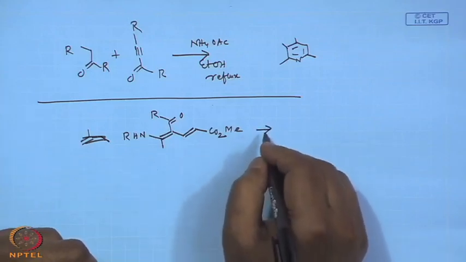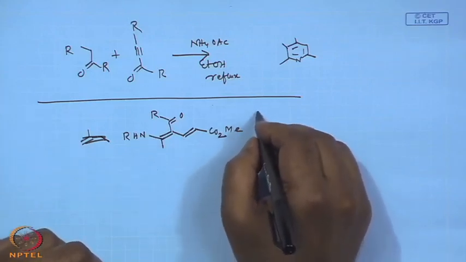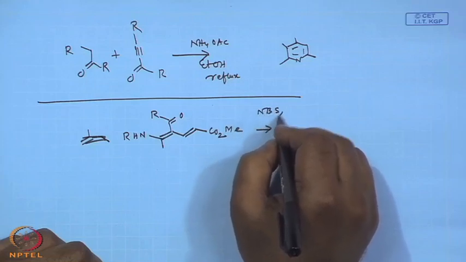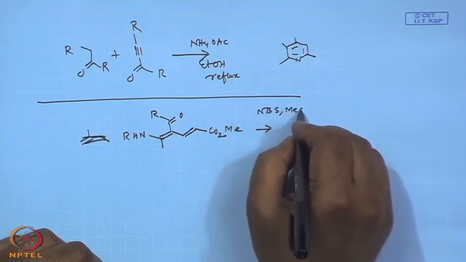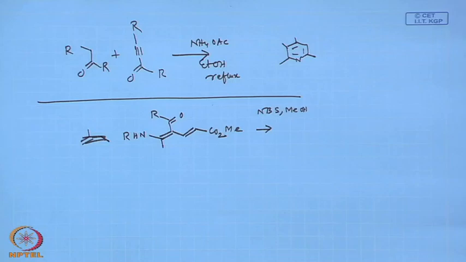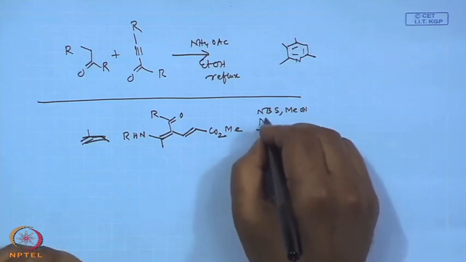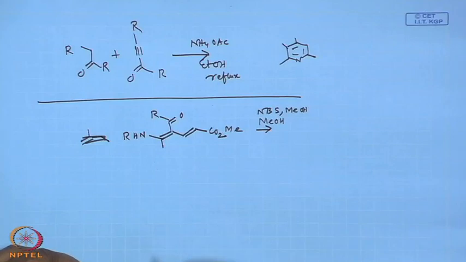Then if you treat these with NBS, methanol, so you get NBS, methanol and sodium methoxide, you can divert these reactions into a pyridine derivative.